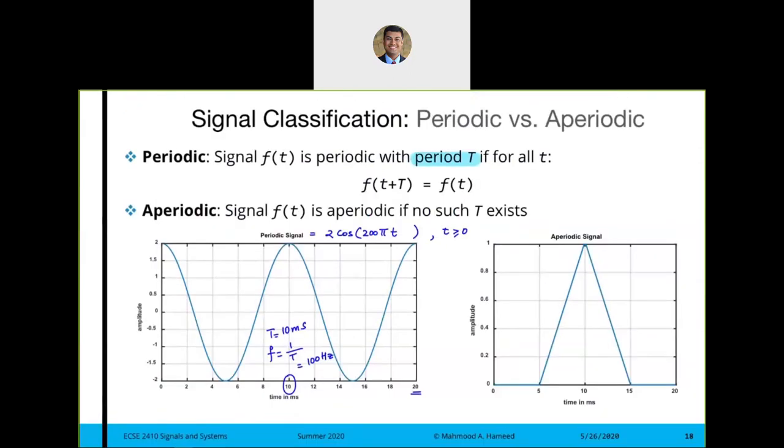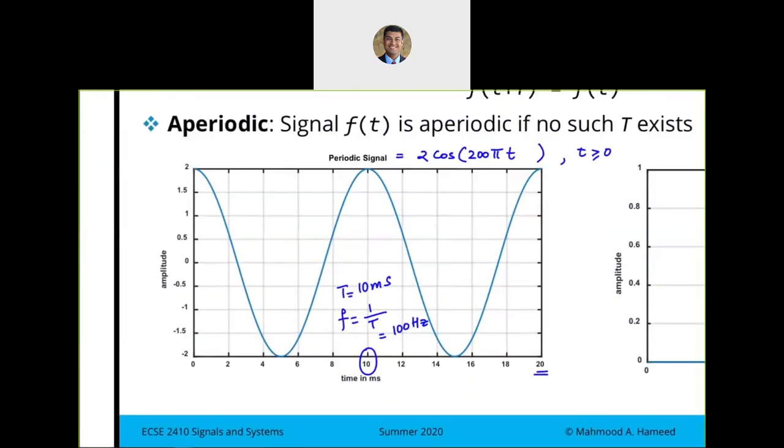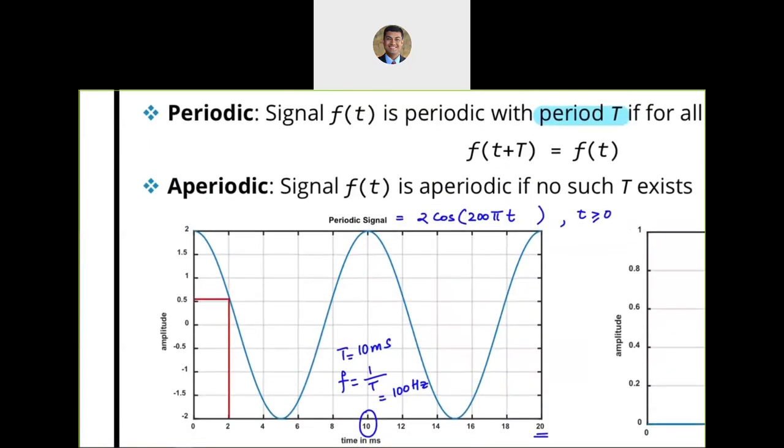Let's try to see if that condition is satisfied. I will take some arbitrary point. Let's say I will take 2. At 2 millisecond, I got a value which was slightly more than 0.5. How about 2 plus capital T? Capital T is 10 millisecond.